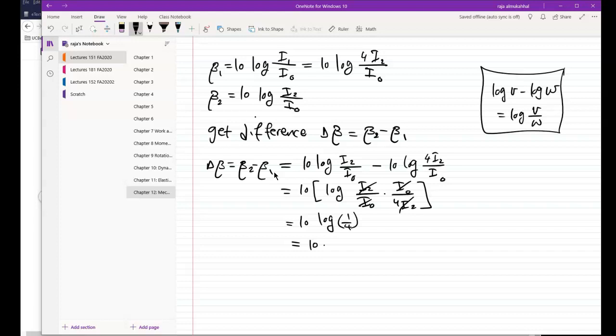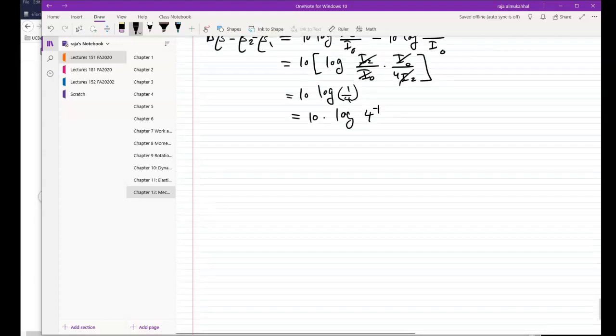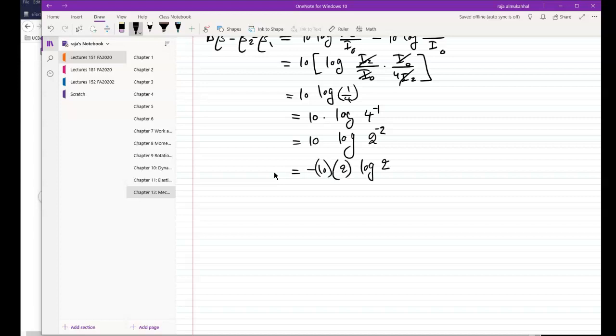So this 1 over 4 is what? It is log of 4 to the negative 1. And that's equal to 10 log 2 to the negative 2. So that gives me negative 10 times 2 log 2.